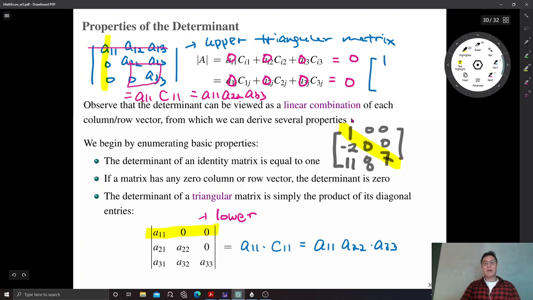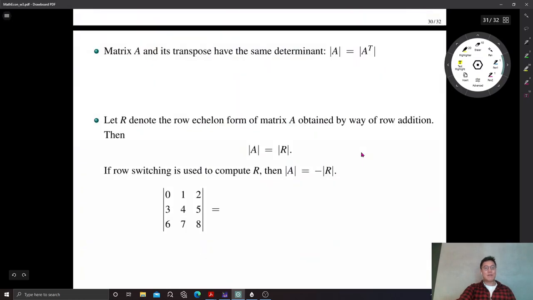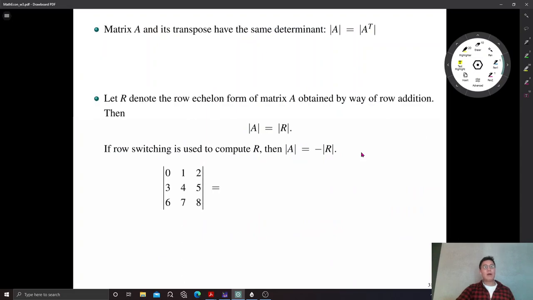In the 3 by 3 case, this is both a lower and upper triangular matrix because below the diagonal and above the diagonal, all entries are equal to 0. Right? So its determinant is going to be the product of these three ones that is equal to 1. Okay. So the first property is immediate from the third one.